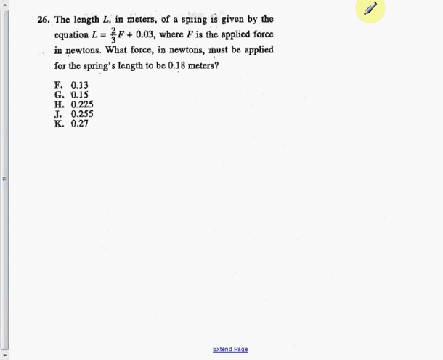So that's very straightforward. So we got 0.18 is here, this length, that's equal to 2/3 times F plus 0.03. So basically you just isolate the F, get the F by itself. So subtract both sides by that 0.03.